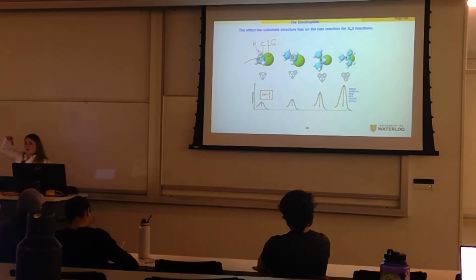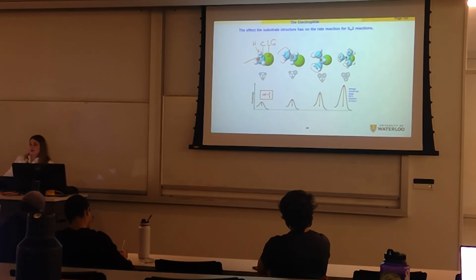So basically the goal for your nucleophile is to get to that red spot. If we start to have more and more substituents instead of hydrogen, so 1 methyl, 2 methyls, 3 methyls, you can see how much harder it becomes to get access to that red point, right?